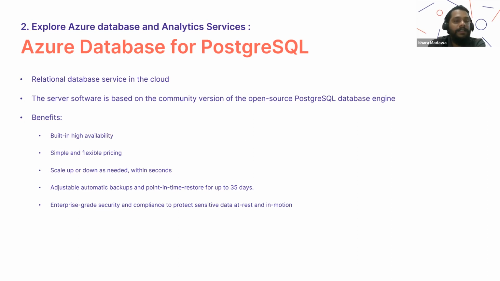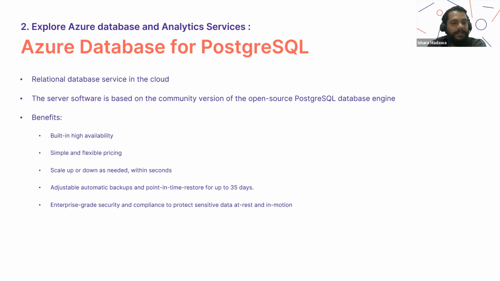And again, you will get benefits like built-in high availability, simple and flexible pricing, scale up and down within seconds, adjustable automatic backups, and point in time restore up to 35 days, and enterprise grade security like that. And especially you have two deployment options, single server and hyperscale.